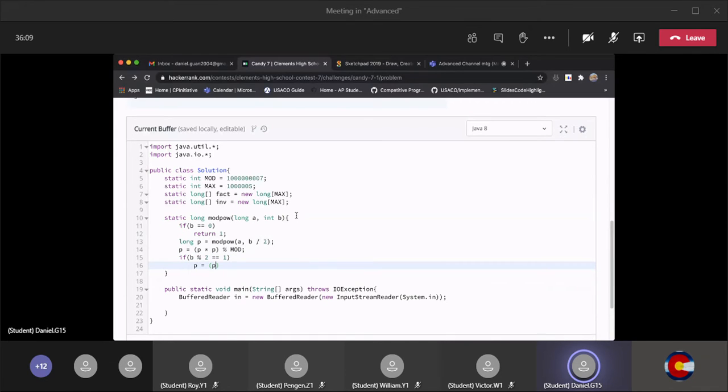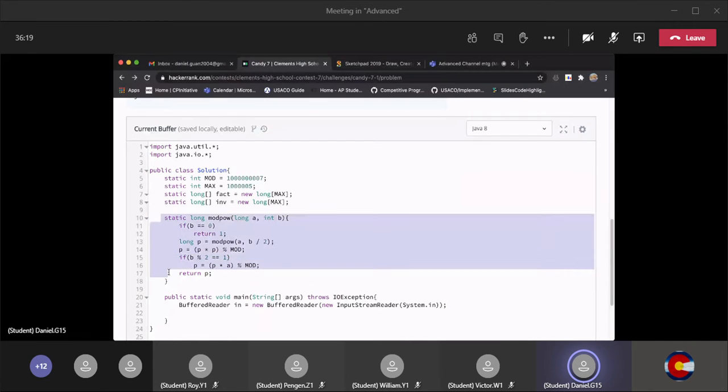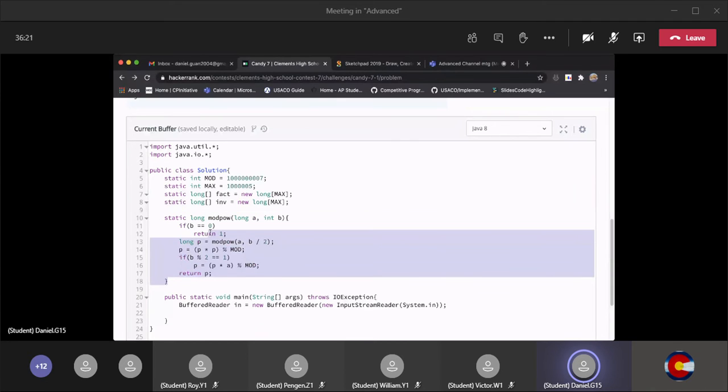And this is the method. I don't know if you guys know how this works, but I'll go over it briefly. This returns a to the power b mod, whatever mod is here.